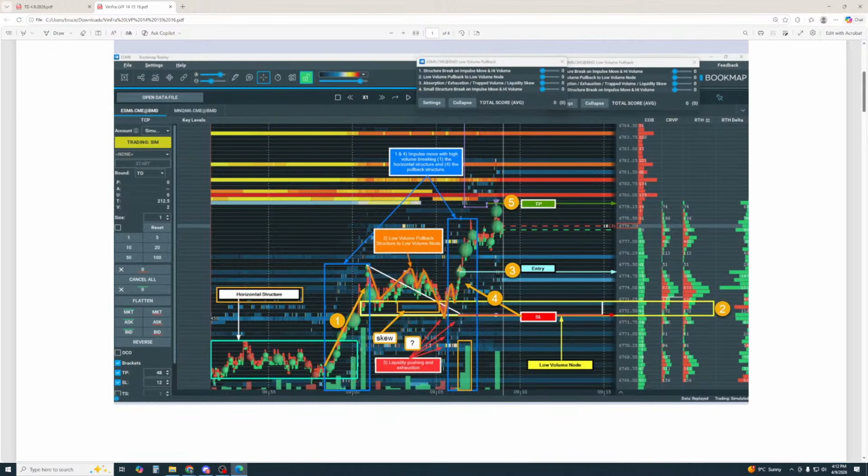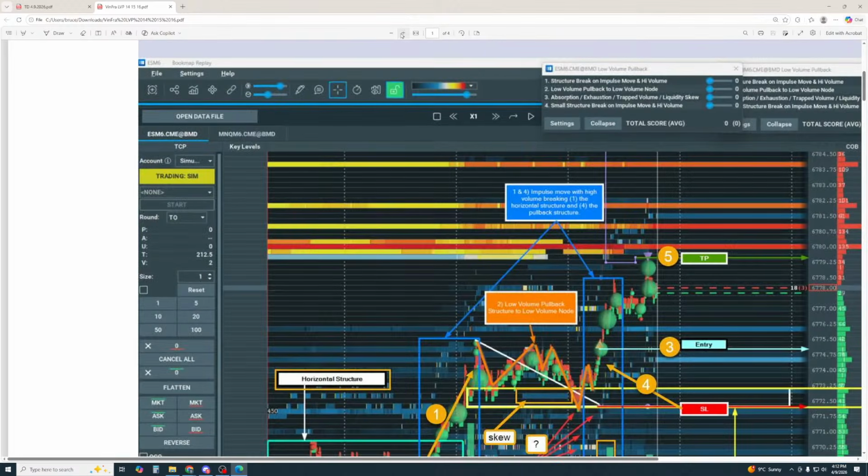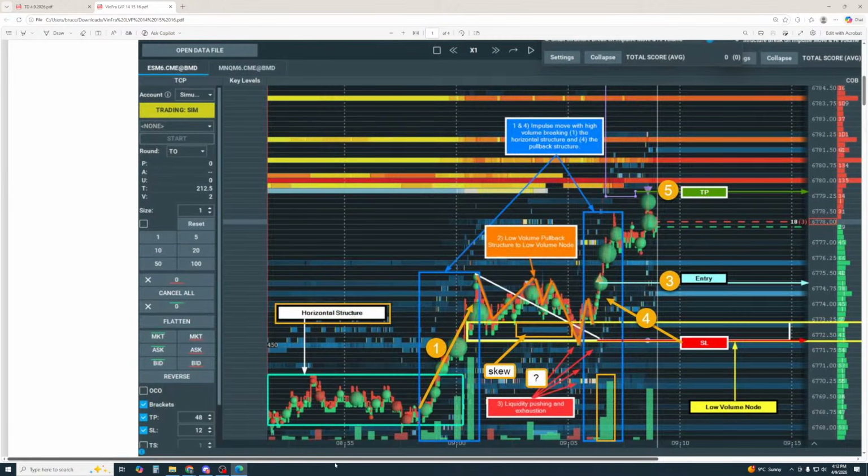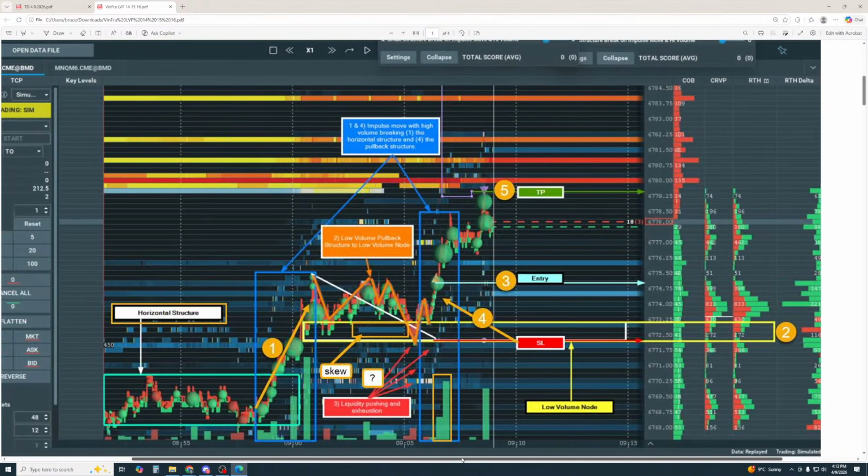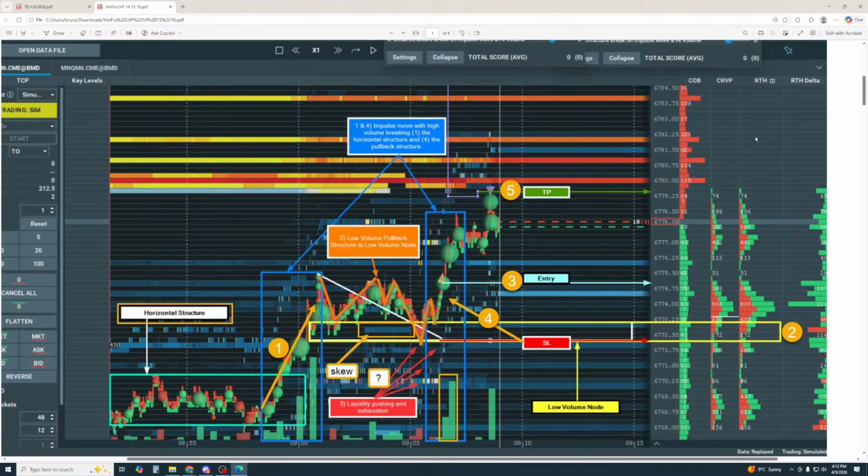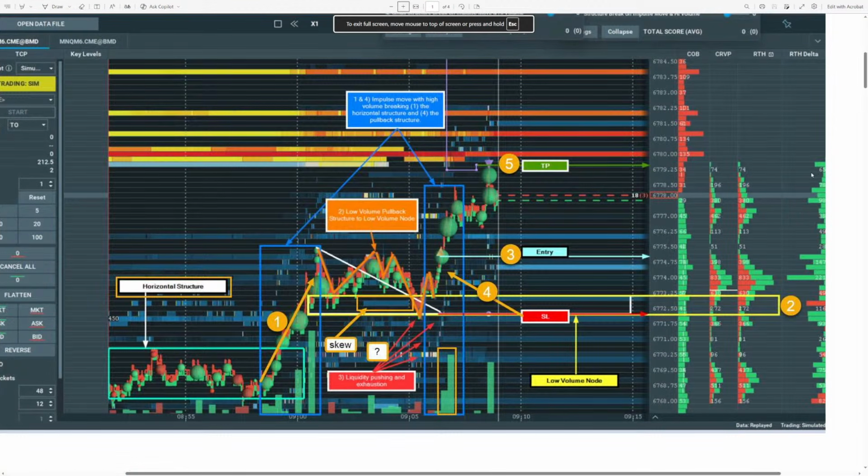Yes. So I had a horizontal structure. Then the impulse move, the number one. And then it was a little bit confusing. I didn't really know what happens there.